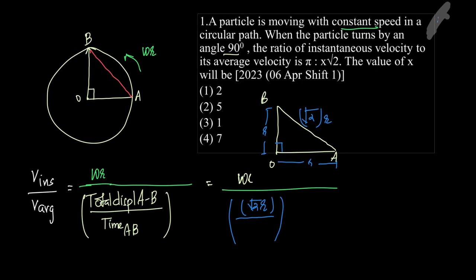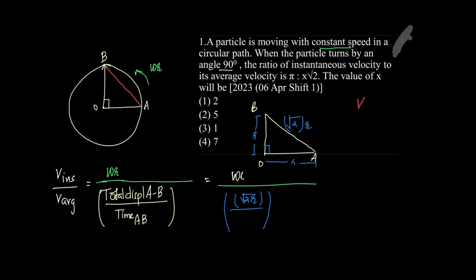Now let us see the time taken to cover AB. We have the formula: velocity is equal to displacement by time. So angular velocity omega is equal to angular displacement by time, and therefore time is equal to angular displacement by omega. What is the angular displacement?